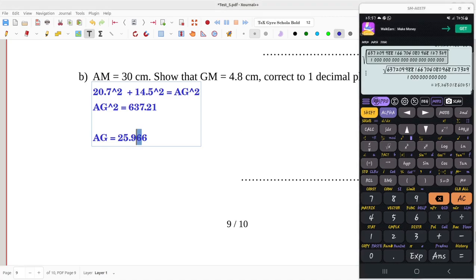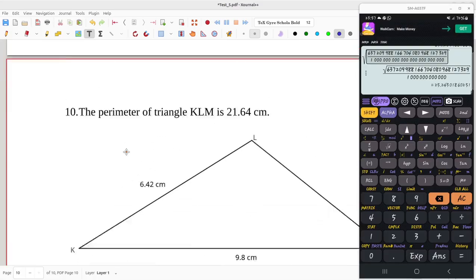This gives 25.2. Now, if the AM is equal to 30, this means that MG will be 30 minus 25.2, which is equal to 4.8 as required.